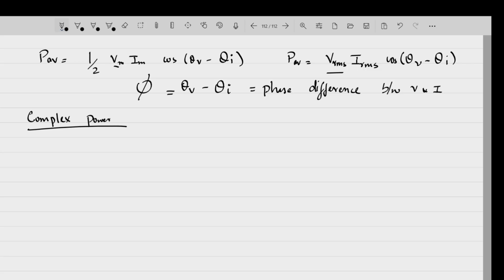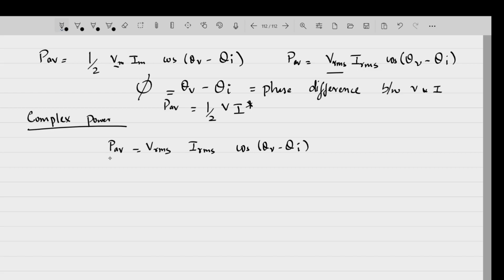Now, from the equation that we have already derived, P average equals V RMS into I RMS. Also, remember we have derived this equation for average power: P average is equal to 1/2 V into I conjugate, where V and I are in phasor form.